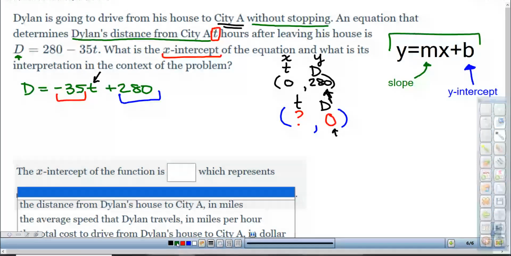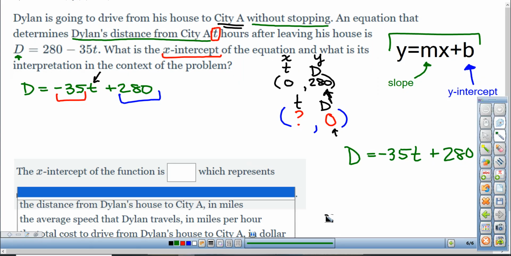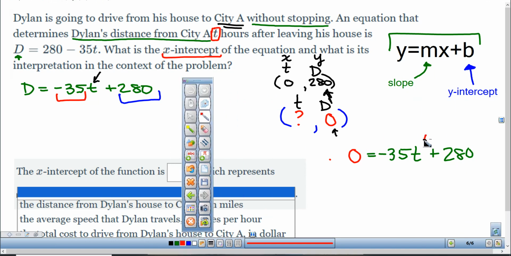So we are going to just take this equation, and I'm just going to erase the distance value and change it to a 0. And that locks us in. We are trying to figure out what value of t would give me a distance of 0 here.